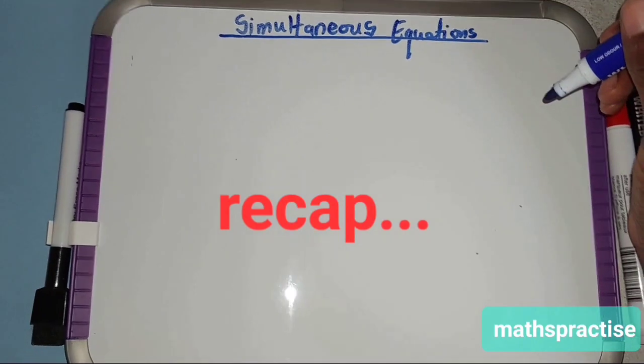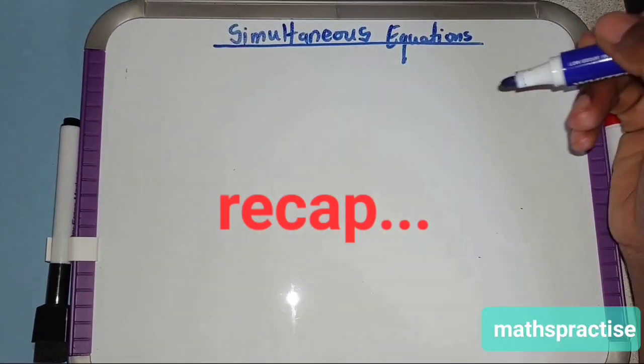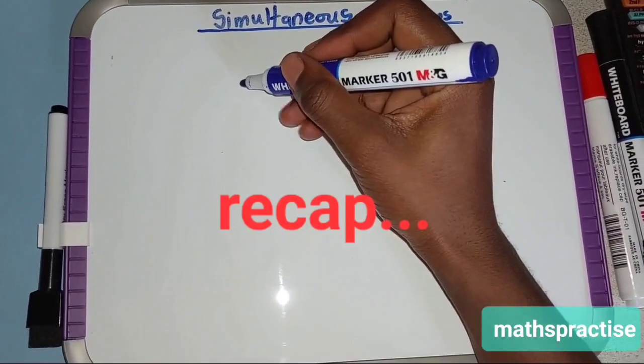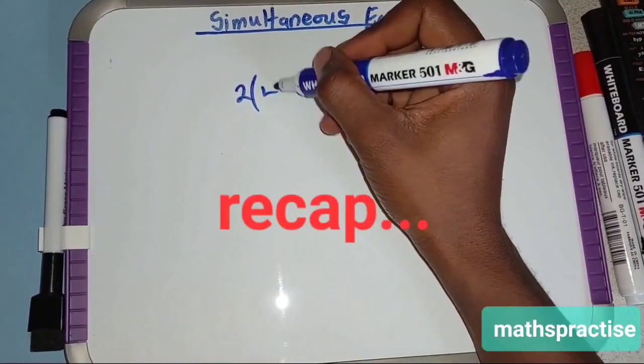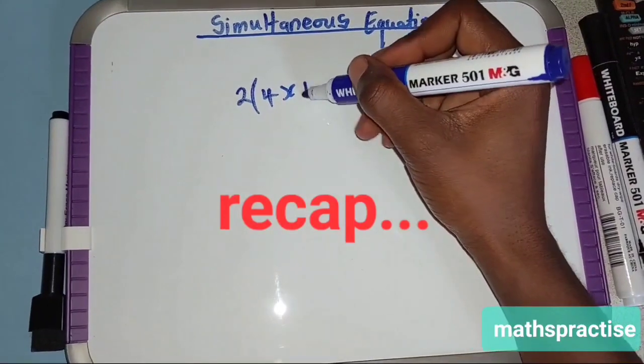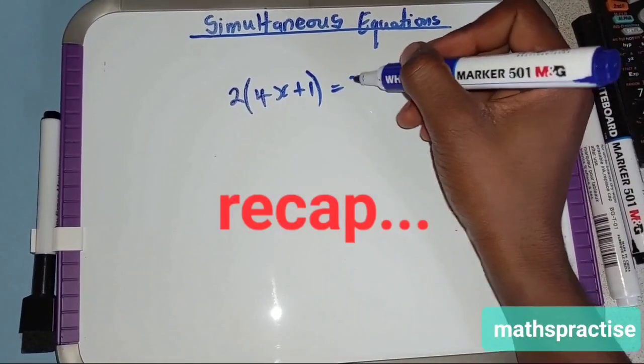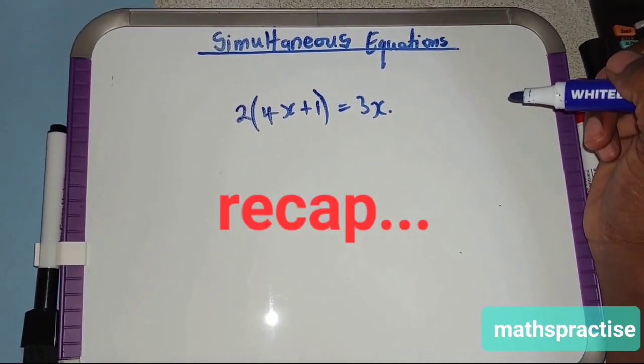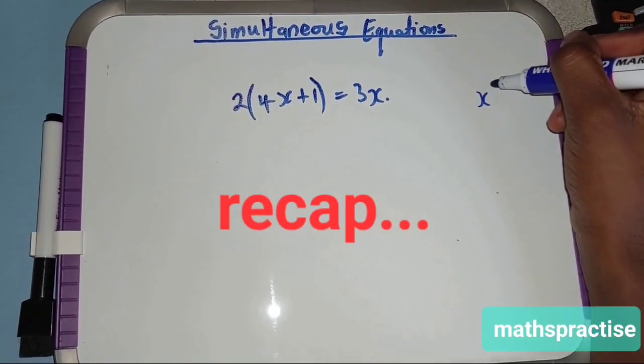Okay, so just a recap from the linear equations. You identify it if you're given an equation, let's say 2(4x + 1) = 3x, right? As you can see, the highest power of x is 1.